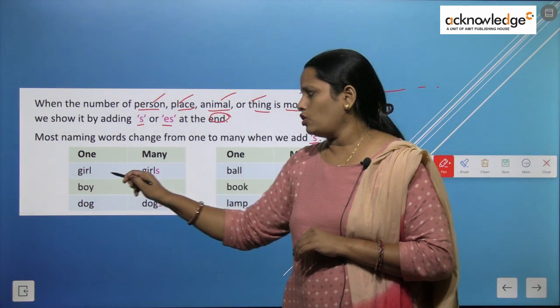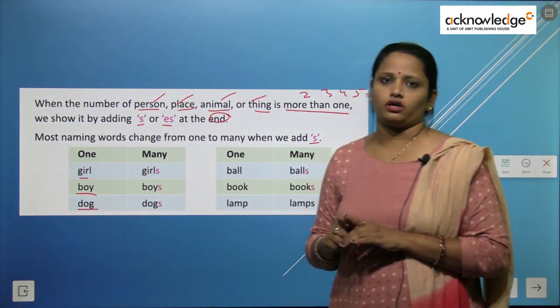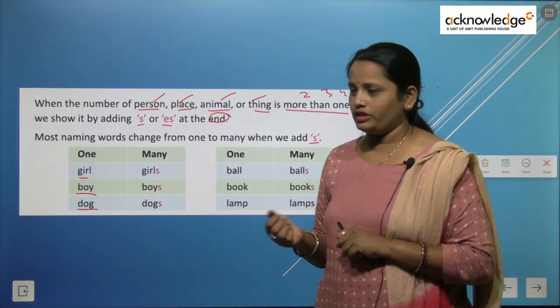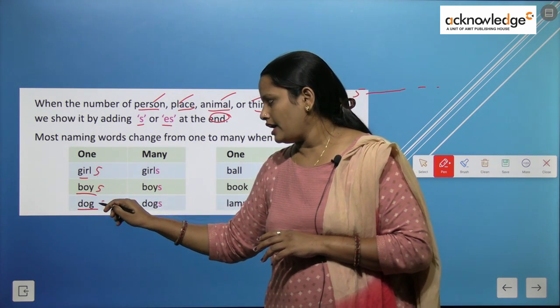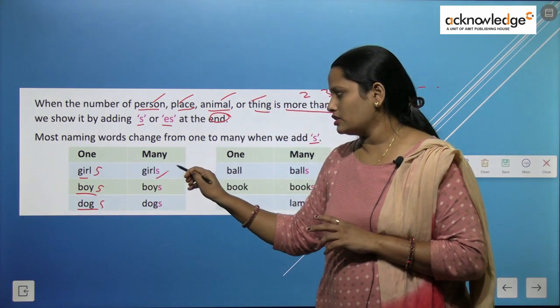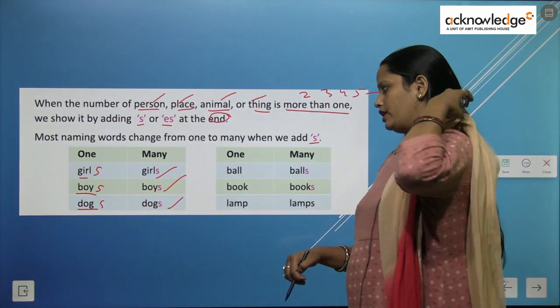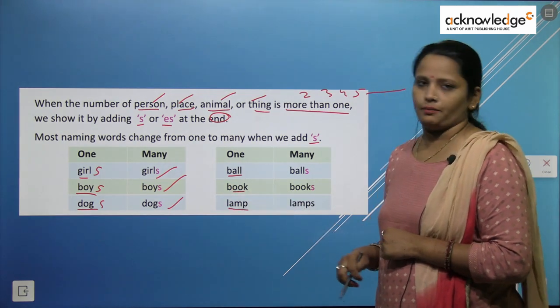So, there is one girl, one boy and one dog. When we have to make many of these, what do we have to do? We have to add S, S, S. So, it becomes girls, boys and dogs. Next, here is one ball, one book and one lamp.